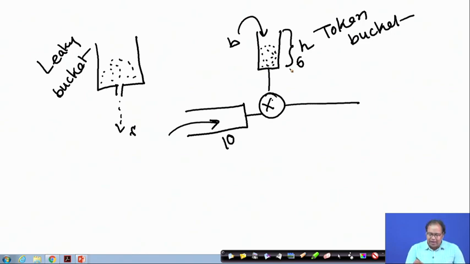In that case, you can immediately transfer these 6 packets to the output rather than sending them one by one. So, that is the difference between the leaky bucket and the token bucket. In case of leaky bucket, you have to always send the packets one by one.